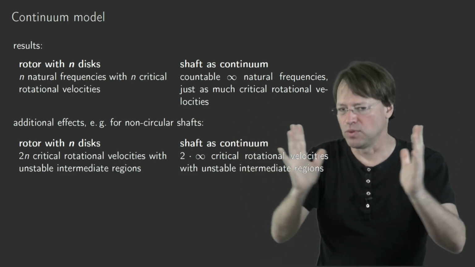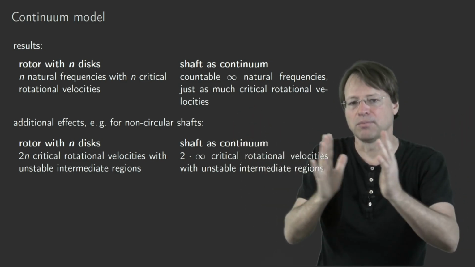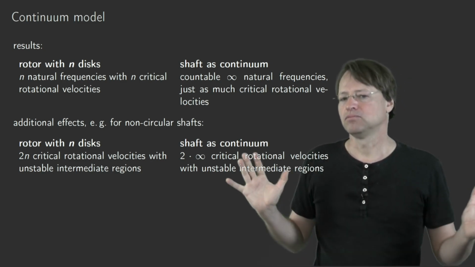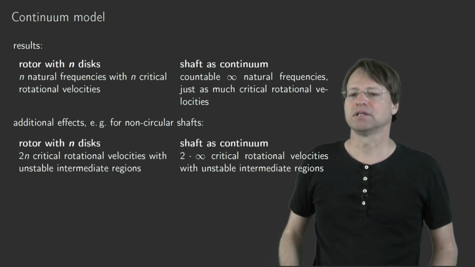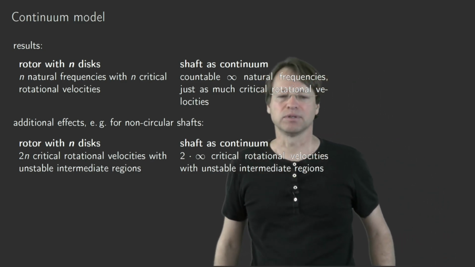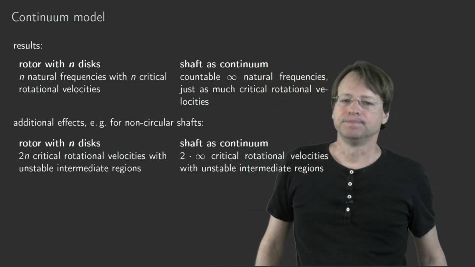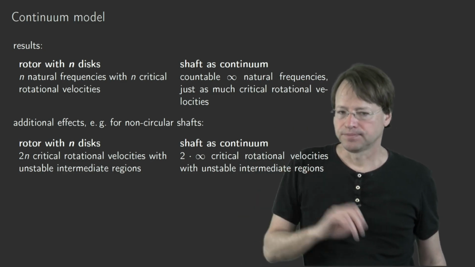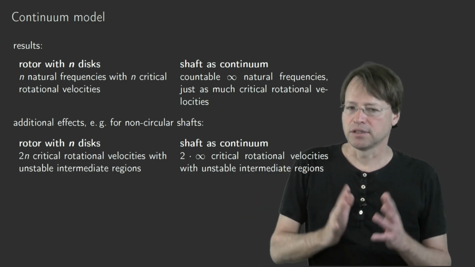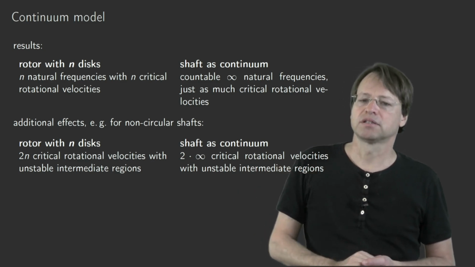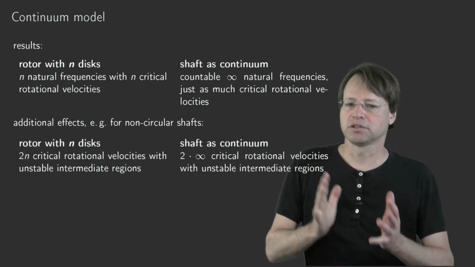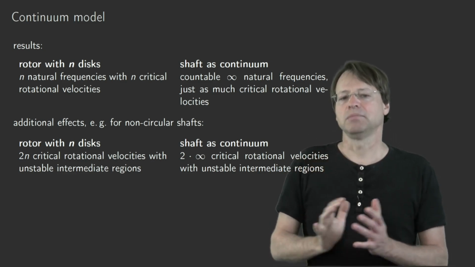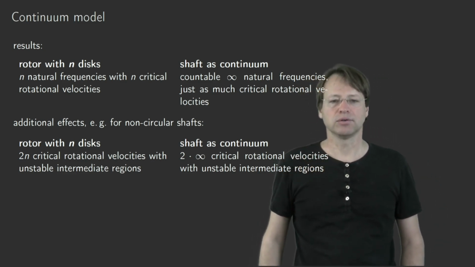So the region in between 2 natural numbers, the operational region, is shrunk a little bit by this, but not so much that it becomes impossible to operate your rotor safely. So once again, the message is stay away from these critical regions and from these critical speeds, but there is a lot of space in between where you can safely operate your rotor.